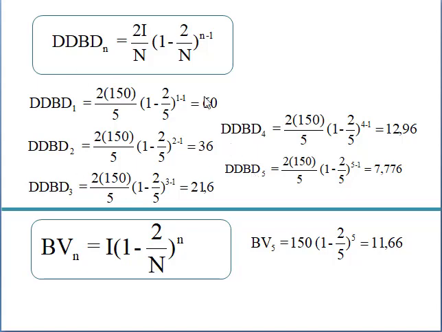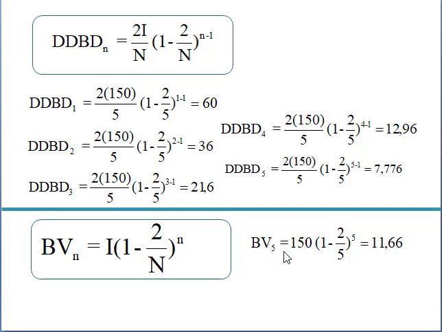As you can see in this page, the depreciation value is gradually decreasing every year, but we can see a high number at the beginning. To find out the book value, we can apply this formula. For example, I want to estimate the book value at year 5.